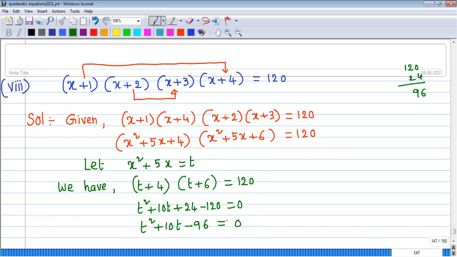Okay, this equation we need to solve. So 96 we can write as a product of negative 6 into 16, that is negative 96, and 16 minus 6 is 10 itself. So that means 10t we can write as 16t minus 6t.